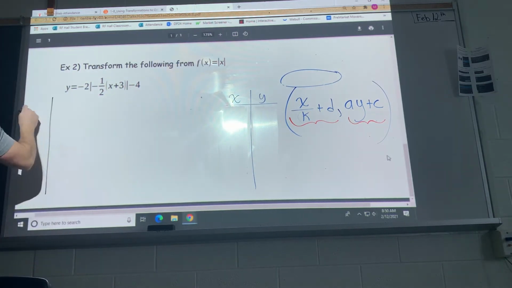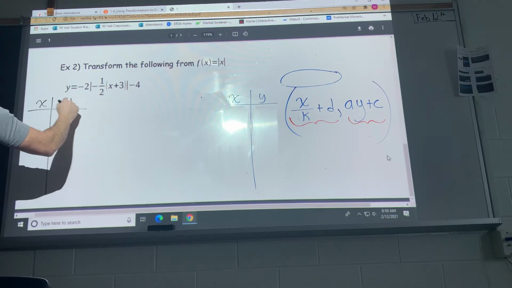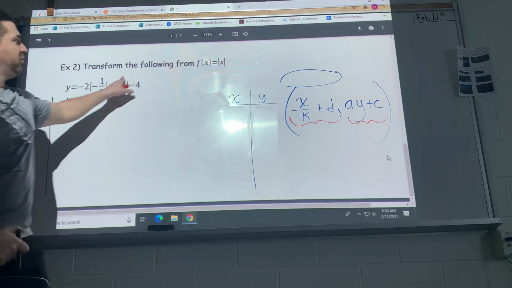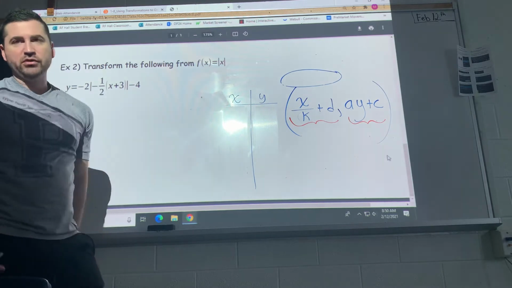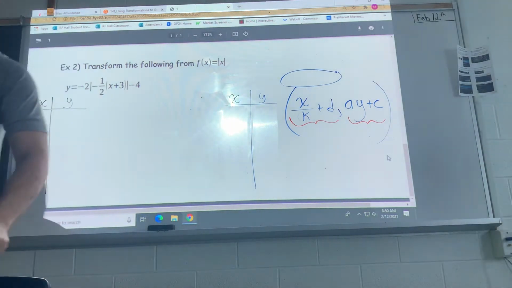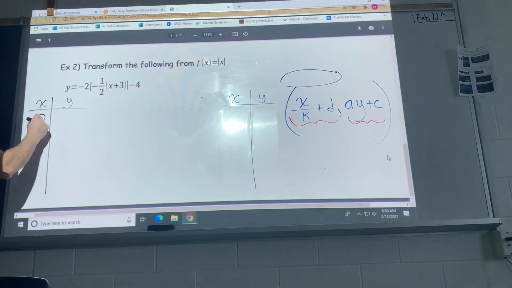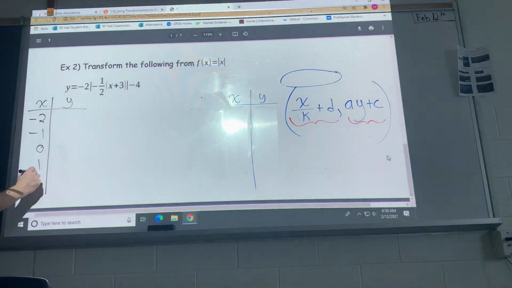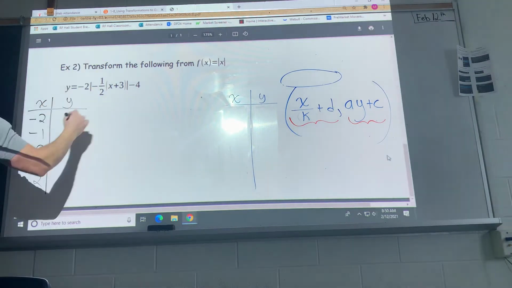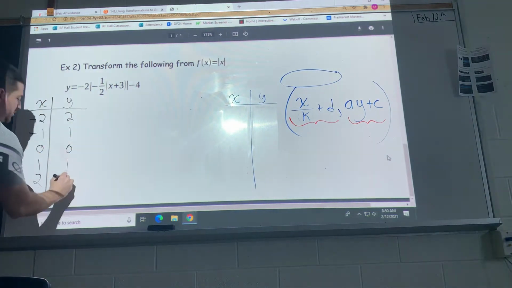Okay, last one. So we're transforming this new function. So the new function is the absolute value. So the values we use for the absolute is -2, -1, 0, 1, 2. And when we plug them in, you get 2, 1, 0, 1, 2.